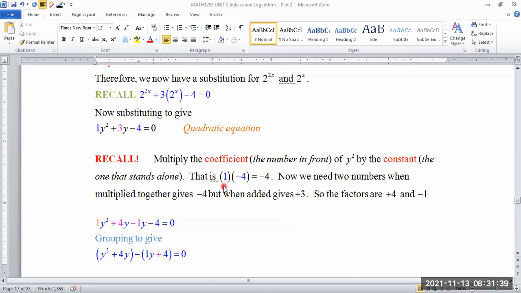So when I multiply this 1 by this -4, the number in front of y squared by the constant, 1 times -4 is -4.